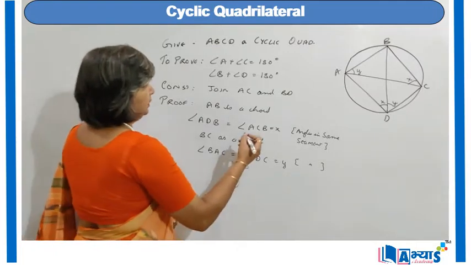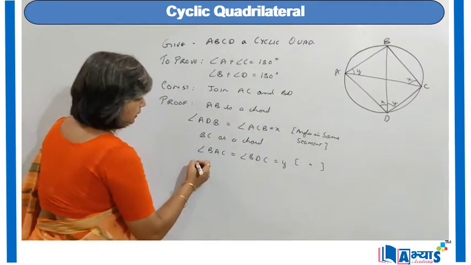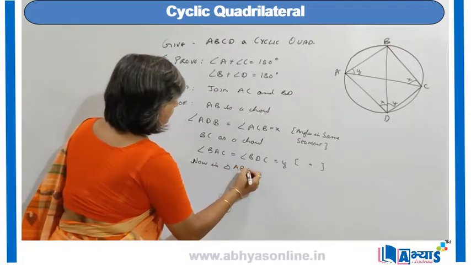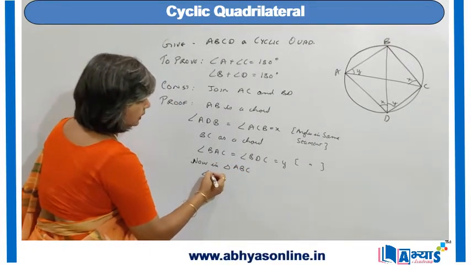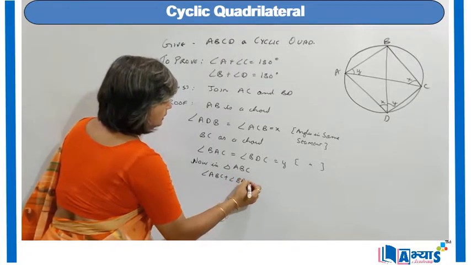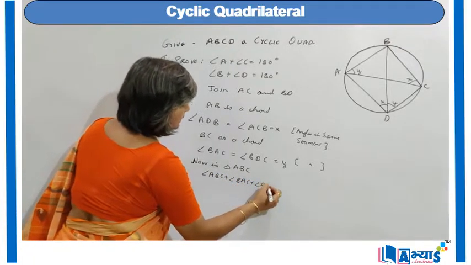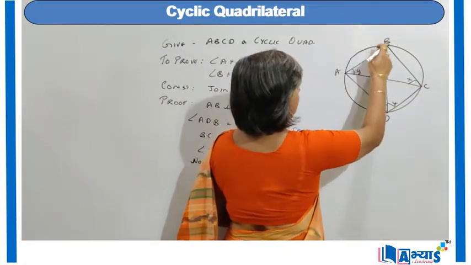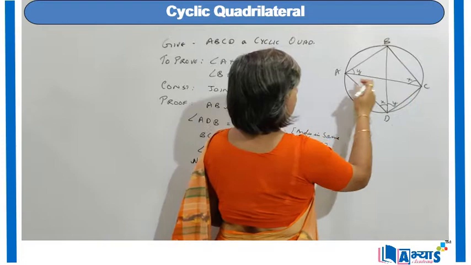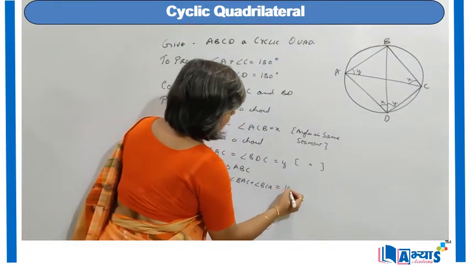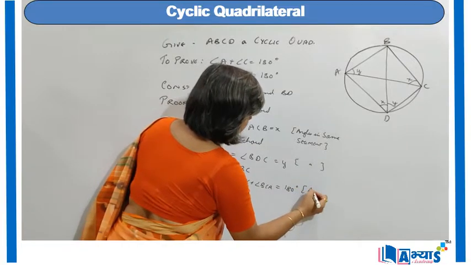So now in triangle ABC, angle ABC plus angle BAC plus angle BCA, that means all the three angles of the triangle ABC will be equal to 180 degree. This is the angle sum property.